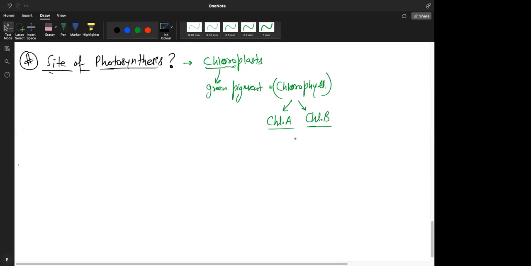Now, in 11th, when you are doing the cell chapter, you studied the structure of chloroplast, right? That's why I believe that we should teach the cell chapter first. That's where I began from. So what is special about plastids or chloroplast?